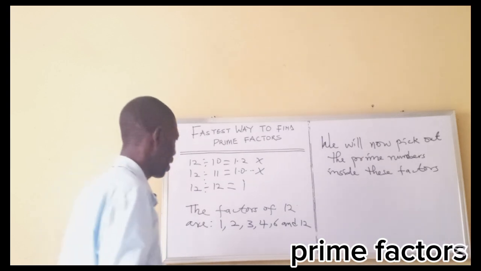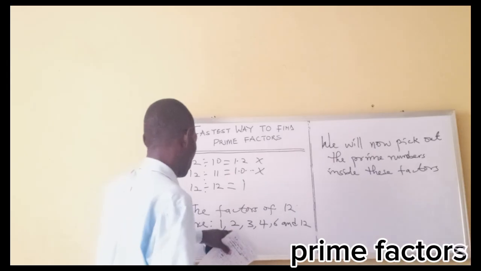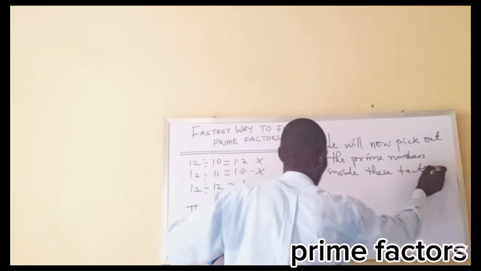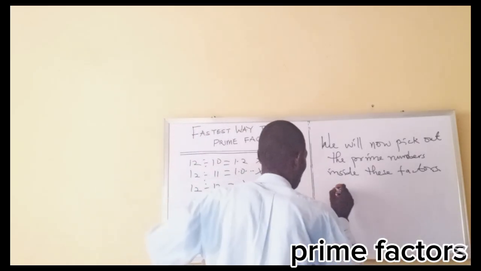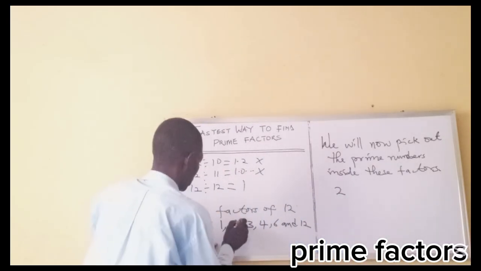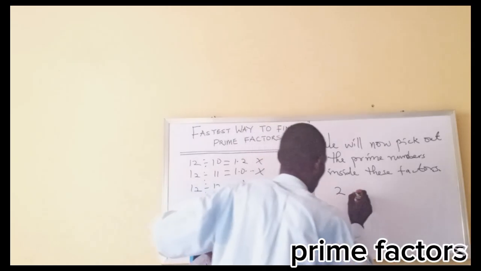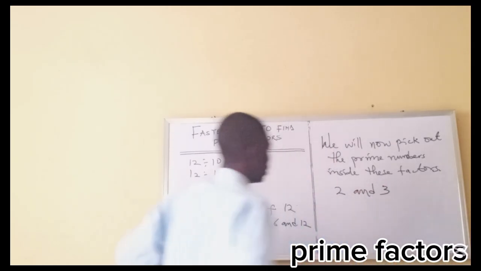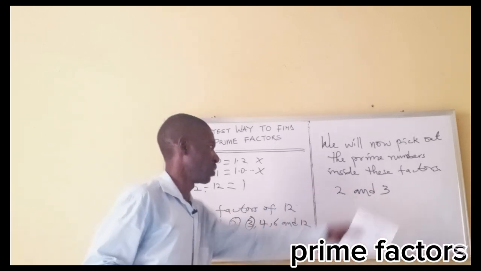So the prime numbers are 2 and 3. The prime numbers are 2 and 3.